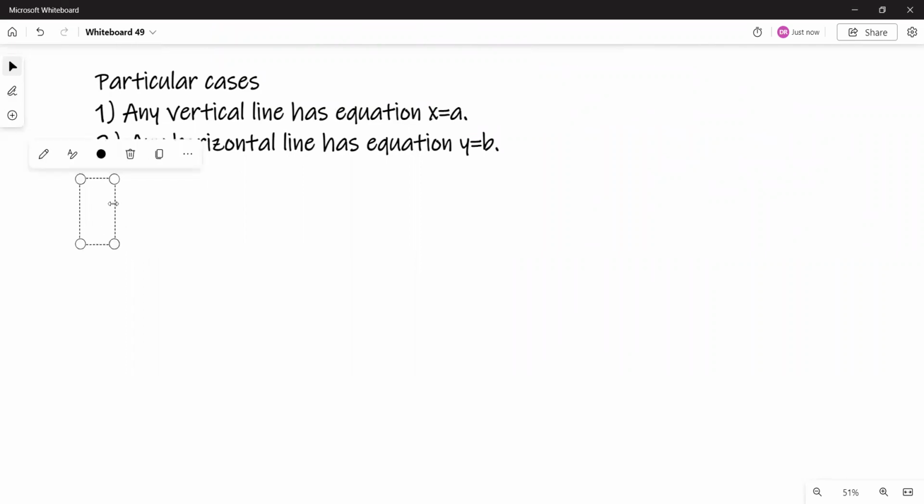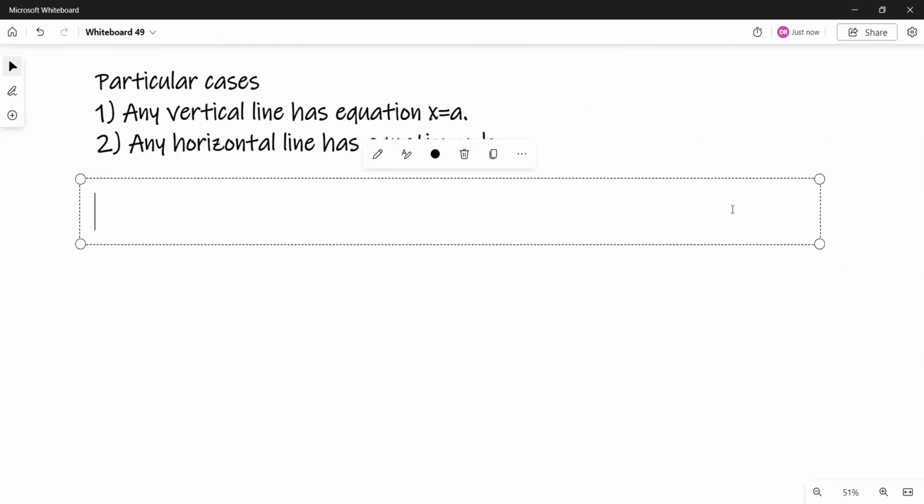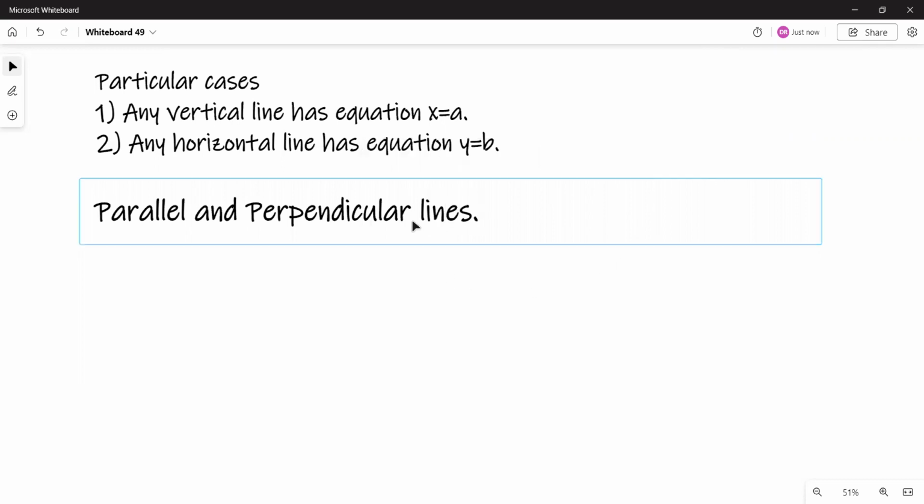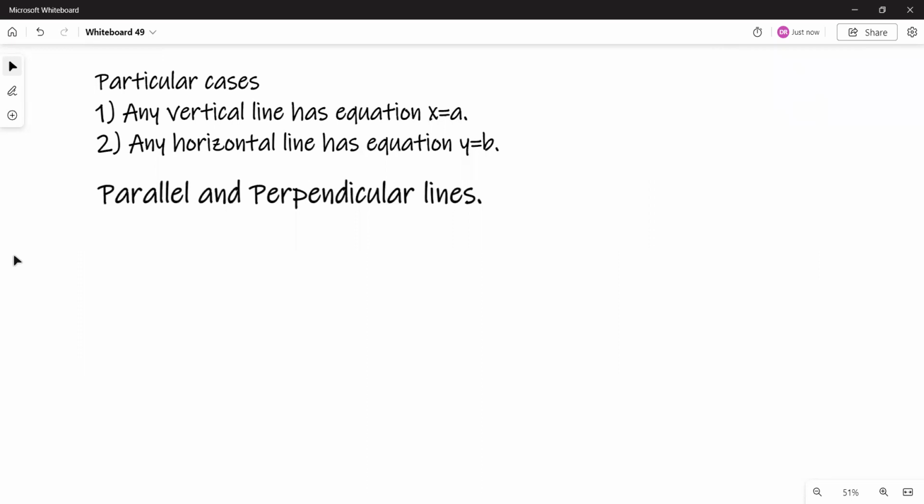Also, the slope can give you information whether two lines are parallel or perpendicular or none of that. So let's say you have parallel lines.